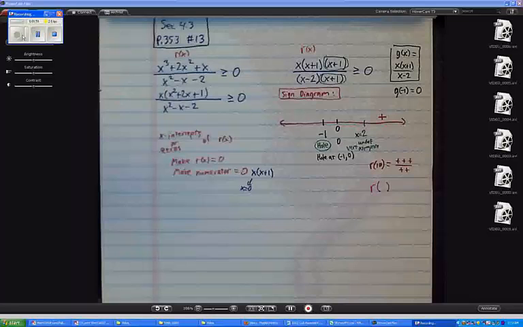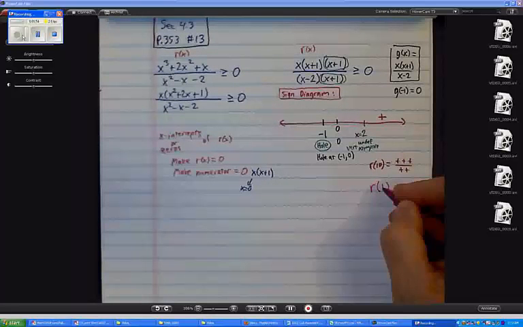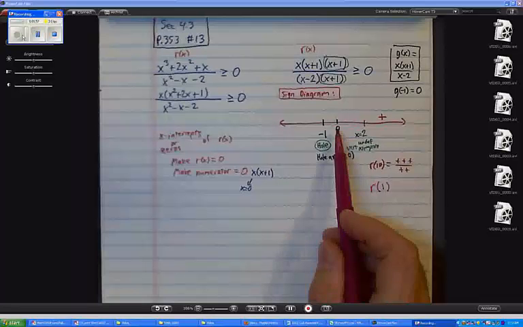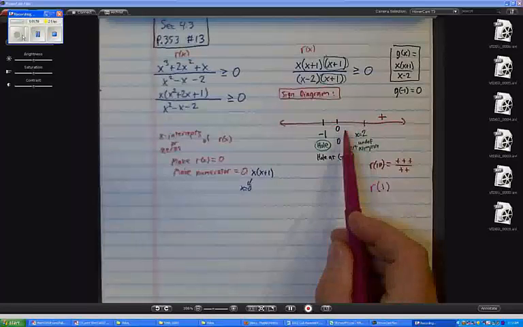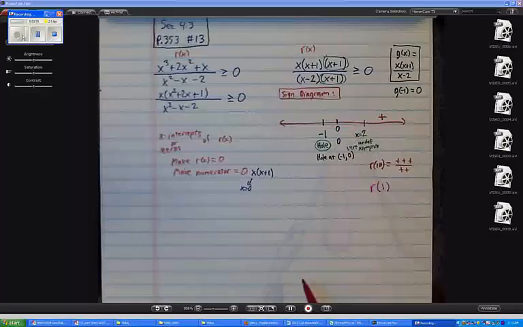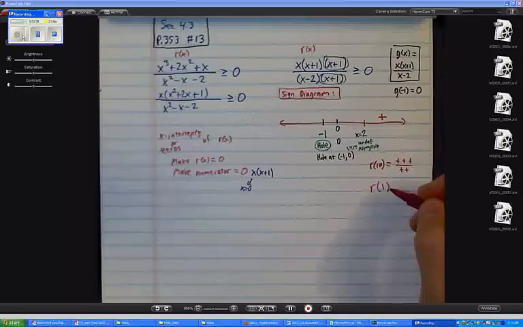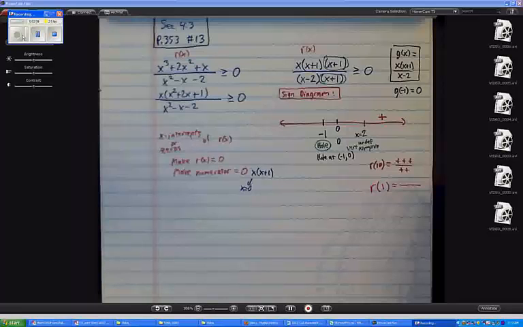Let's do 1. r of 1. Why are we doing r of 1? Because we want to know what happens in this interval between 0 and 2. You guys with me? Okay. So what's r of 1? Positive, positive, positive over what?